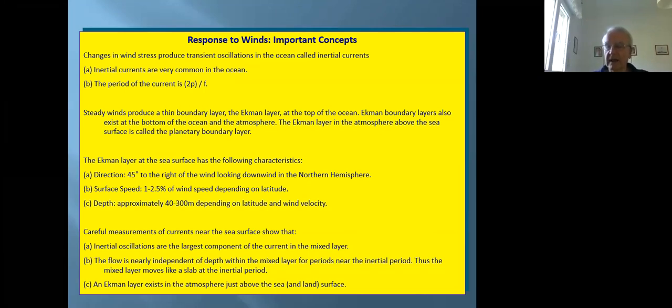Why? Because of the friction. The friction is trying to reduce the velocity between the two fluids, or between the land surface and the atmosphere. And this makes strong changes of the velocity with depth or with height, in the ocean or the atmosphere respectively.